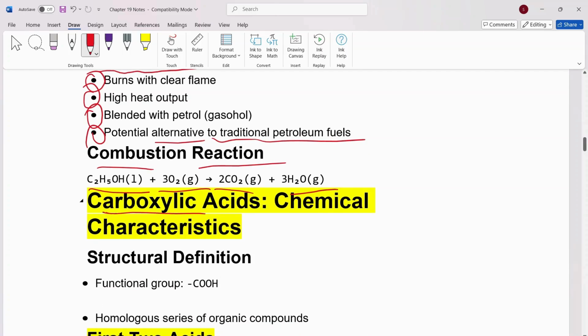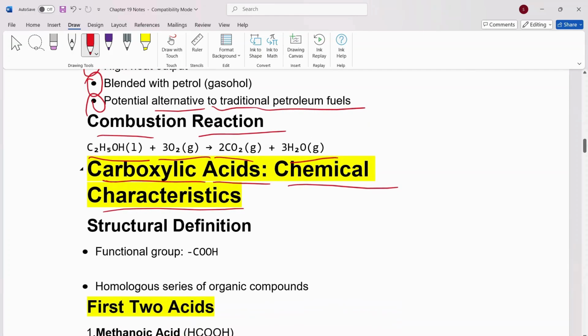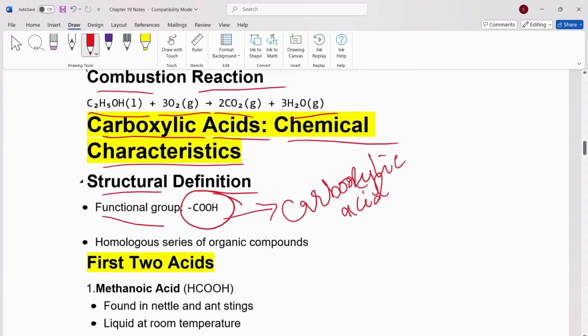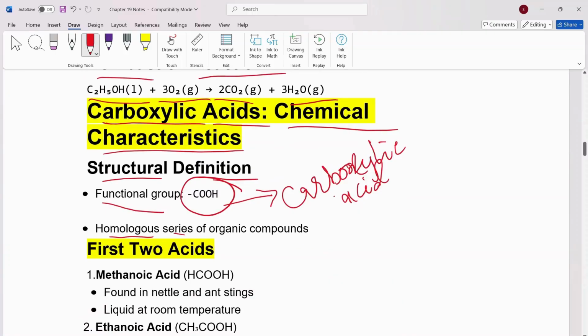Then we have carboxylic acid. Chemical characteristics. Structural definition: its functional group is COOH. So COOH are carboxylic acids. Homologous series of organic compound.